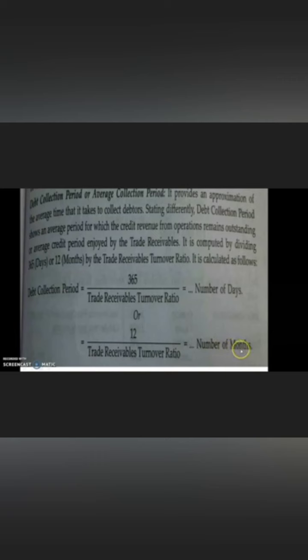You know how many months are there in a year, 12. Doing this, you will know about the company's debt collection period, that is how best the company is able to convert its receivables, that is credit, into cash.